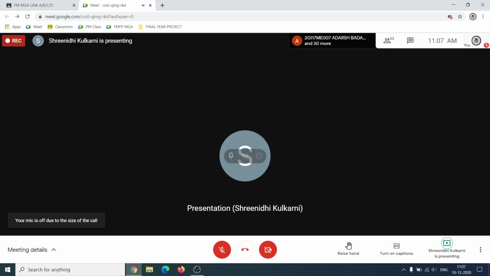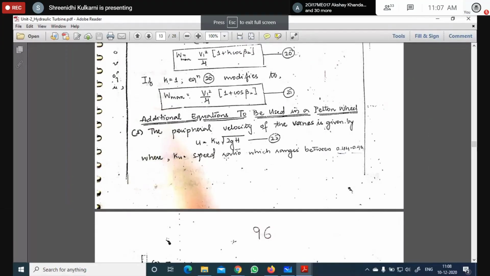Speed ratio, where phi is the speed ratio, which ranges between 0.44 to 0.46.